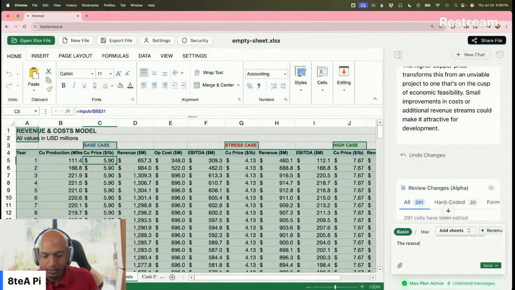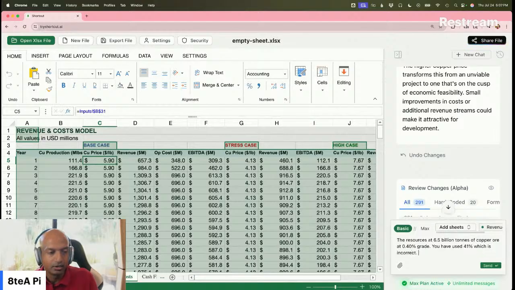The resources are 6.5 billion metric tons of copper ore at 0.40% grade. You have used 41%, which is incorrect. All right, let's send it off.